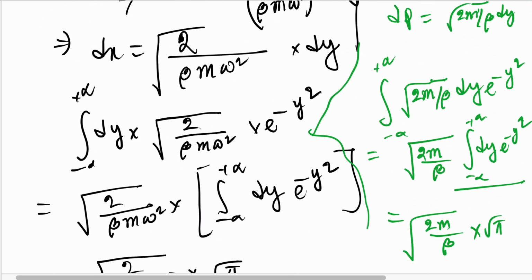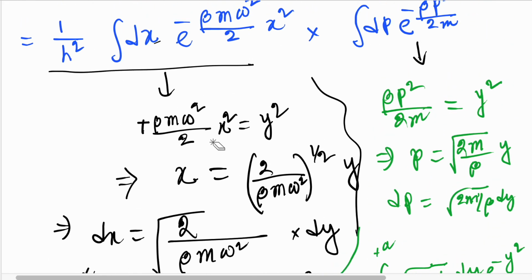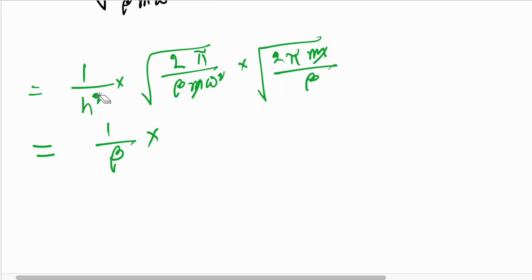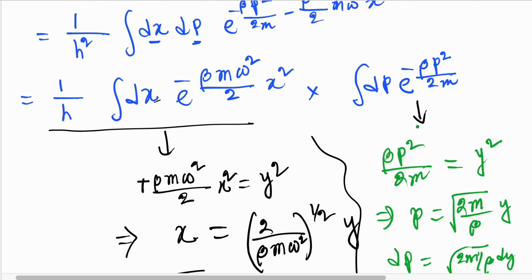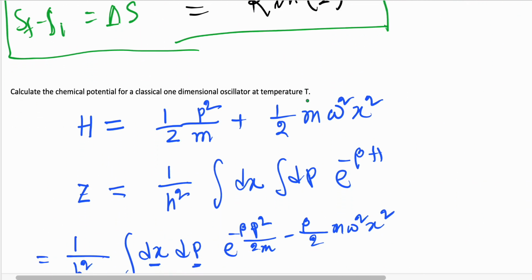Here m cancels, the beta cancels, and this is h, not h square, since it is one dimension. So it is 1 by h, 2 pi by omega, which gives kT by h cut omega. So this is the partition function for a single particle.